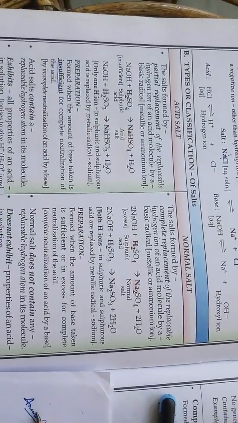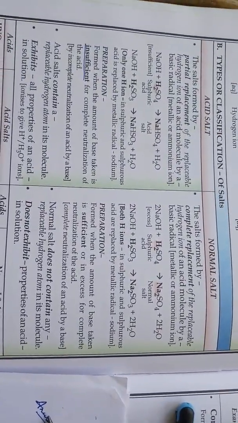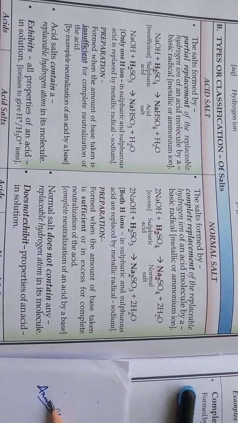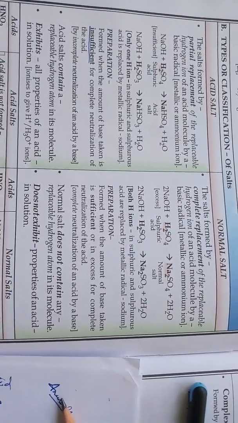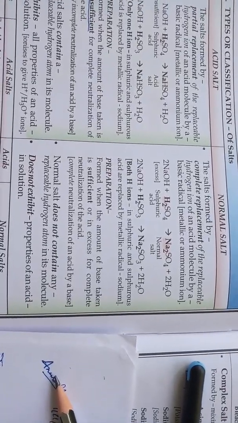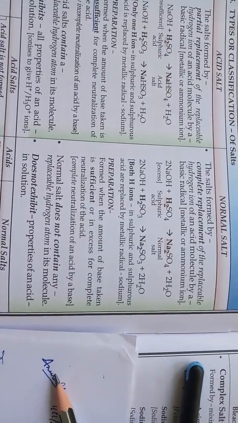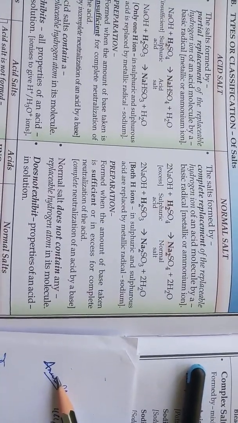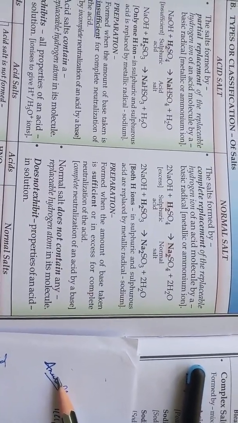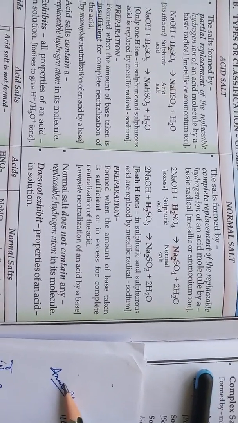So we would say it is partial replacement, or we can say the base is insufficient to replace the hydrogen ion, so that gives the acidic salt. And normal salt, when it reacts, completely replaces the hydrogen ion, or in other words it has a sufficient amount of base to replace or neutralize the hydrogen ion, right?